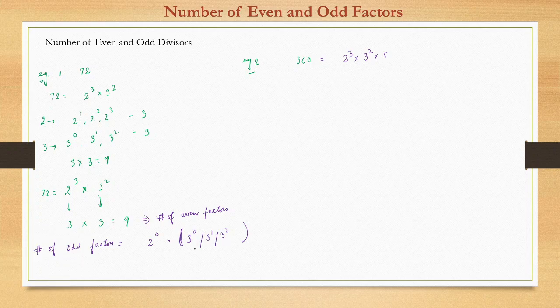So we have three options. In case of 2 we have only one option. In case of 3 we have three options.